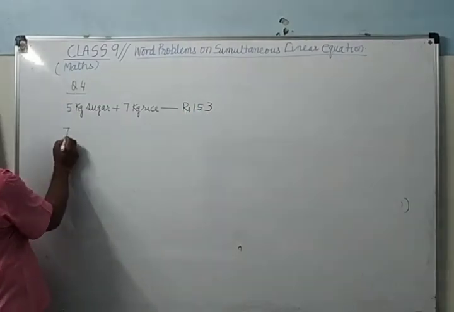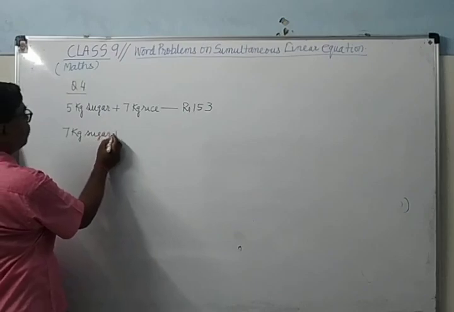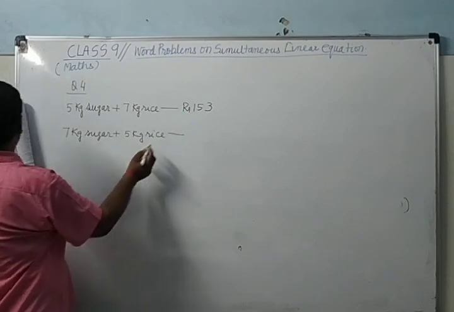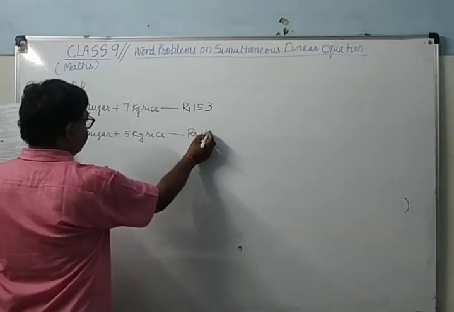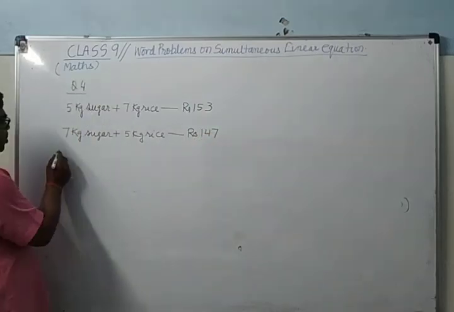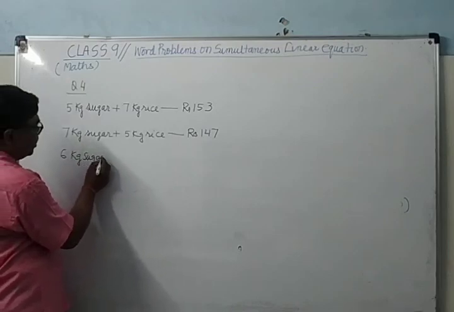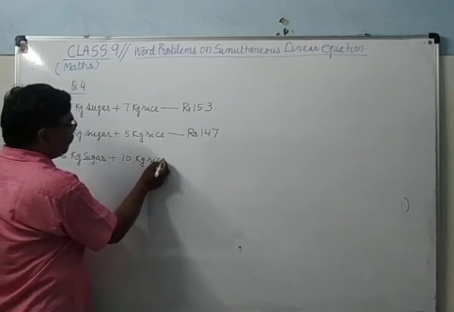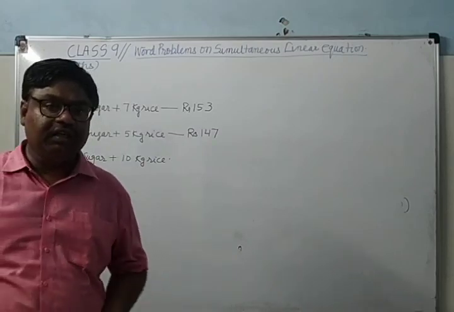Then 7 kg sugar plus 5 kg rice is rupees 147. We have to find the cost of 6 kg sugar and 10 kg rice. So first we will find the cost of 1 kg sugar and 1 kg rice.